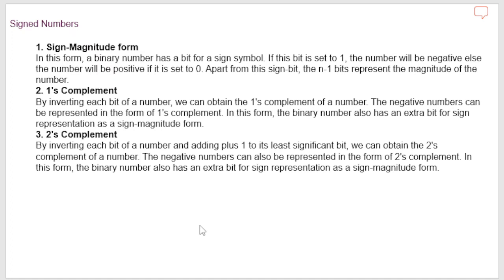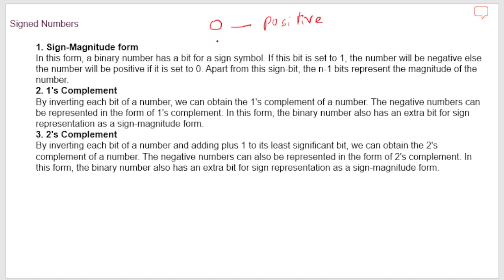Signed numbers are represented in three ways. The sign bit makes two possible representations, 0 for positive and 1 for negative. So if the MSB is 0, then the number is positive.